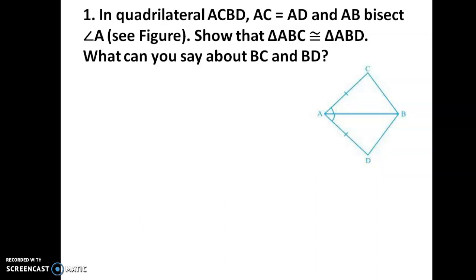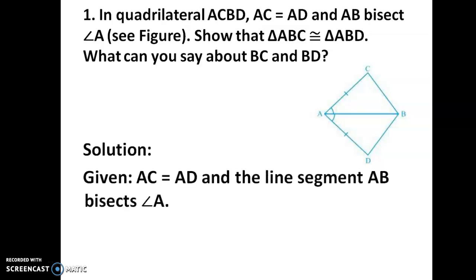What can you say about BC and BD? A figure is already given in the question. So we have to prove that this upper triangle of the quadrilateral is congruent to this triangle. That is what we need to prove now.